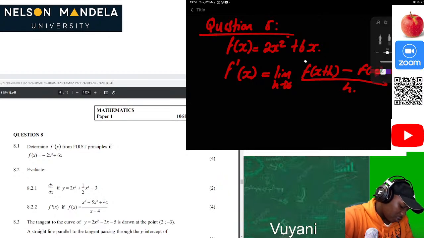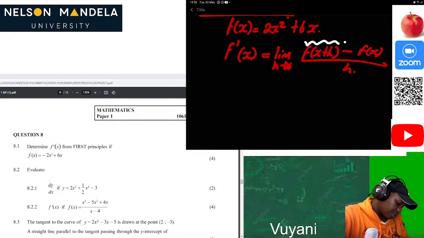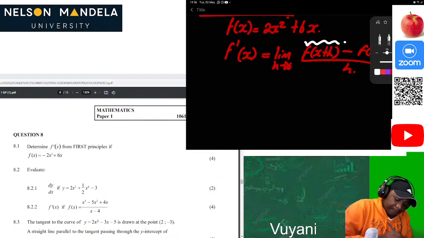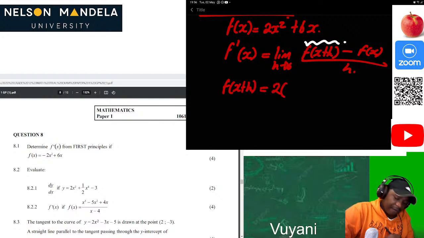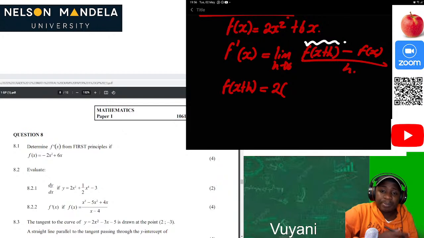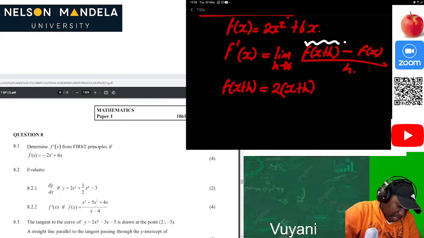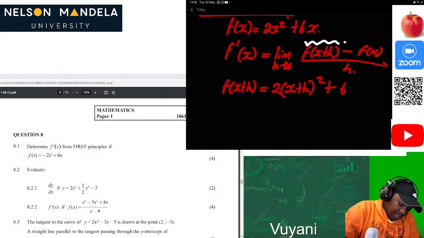In order for us to find this, we should expand our f of x. Now let's go. f of x plus h is equal to 2, and wherever we see x, we replace it with x plus h. So this will be x plus h all squared, plus 6 times x plus h as well.